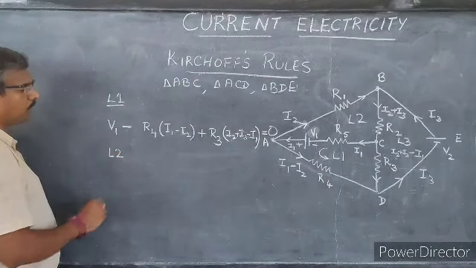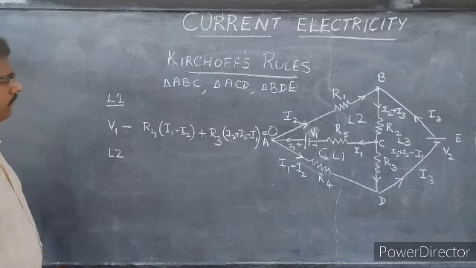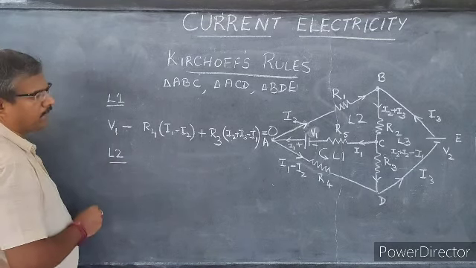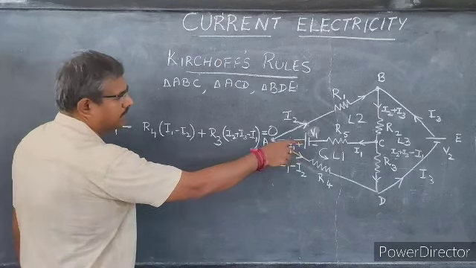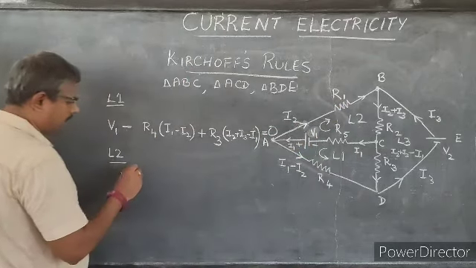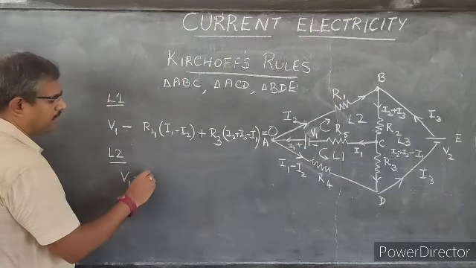Similarly, for loop 2, I start over here. Now let's say I go in this direction again. So V1, now current is flowing in this direction. I2, I am going in the same direction, so I take it with a negative sign.